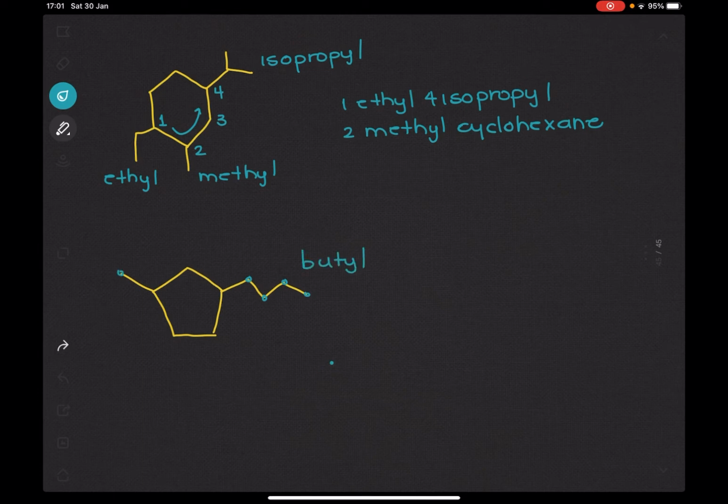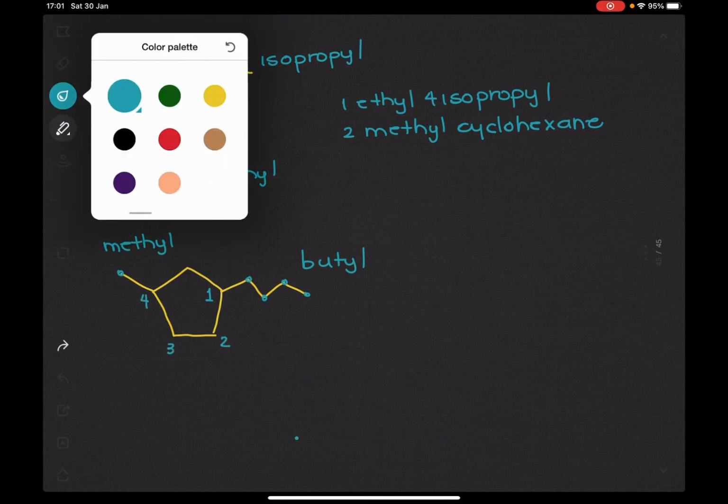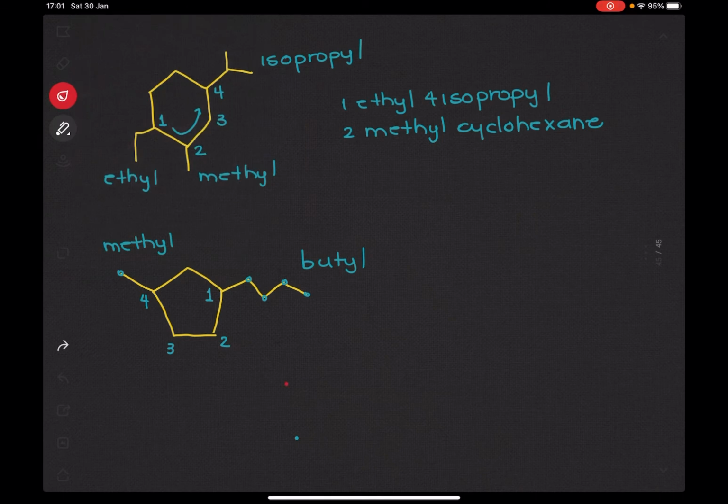And here is a methyl. So I start number 1 because I follow the alphabet is butyl. So then again, I have 2 choices. I can either start numbering 2, 3, 4, or I could number 1, 2, 3.